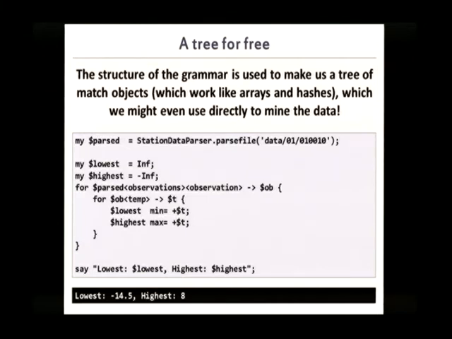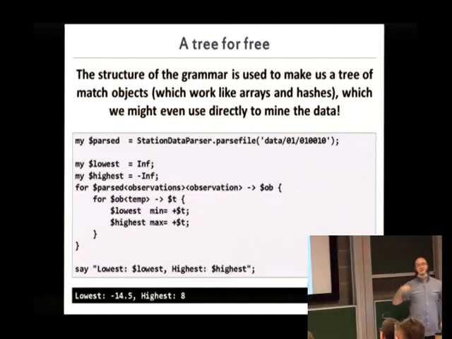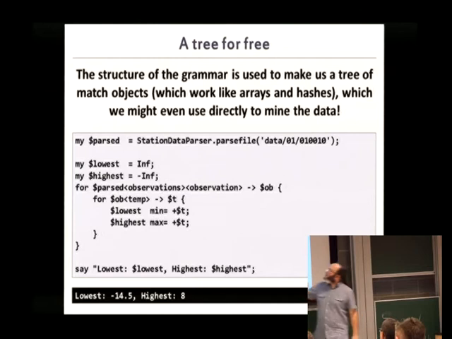And I'm going to do a for loop, and if you remember the structure of the grammar, at the top we look for observations, and the observations rule could match a bunch of observation, and it was quantified with plus, so we get an array. And I can loop over each of these, that's just naming the variable that we're going to shove the thing we're iterating on into. And then all I need to do here is loop over the temperatures of that observation.